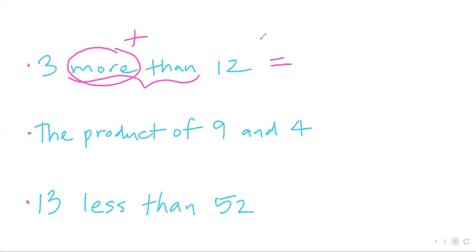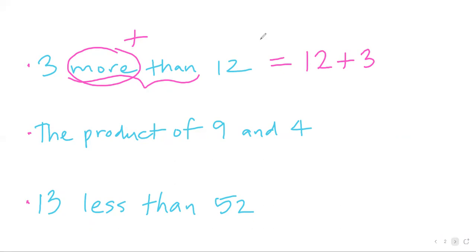So if I had 3 more than 12, then I could say that is 12 plus 3, my expression. It can get tricky in the order you write things. That's another part that makes translating them complicated, because it's really about vocabulary and trying to visualize what's happening. And that comes with practice.